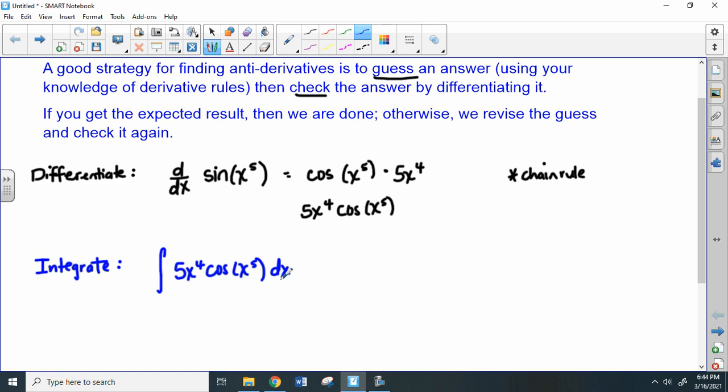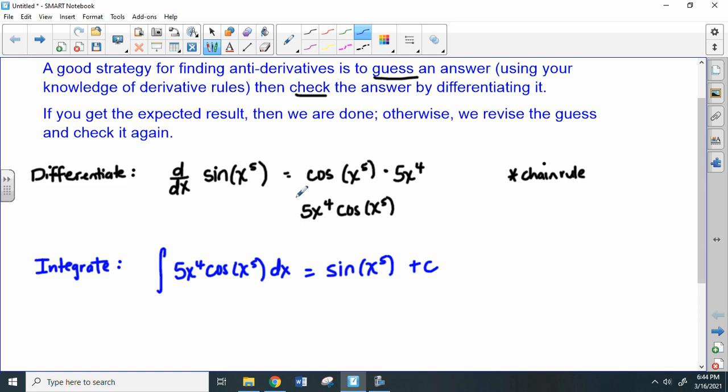I hope you see a connection there. If I integrate this, it should take me back to sine of x to the fifth. I just have to remember, because I integrated, to put a plus c.